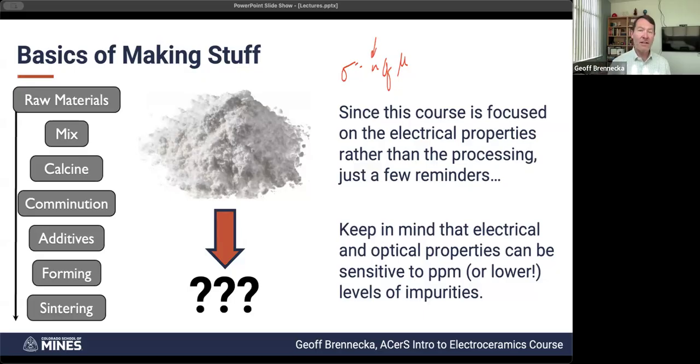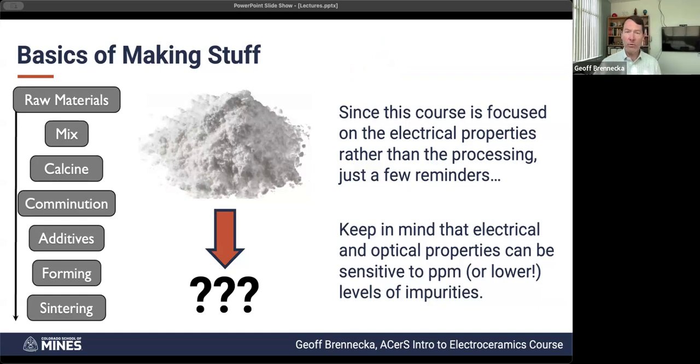And because there are 10^23 atoms per cubic centimeter or something on the order of that for everything, if we change the chemistry by a part per million, then we can change by 10^17 the number of carriers in that cubic centimeter. So that's just to give you some perspective of why these matter so much.